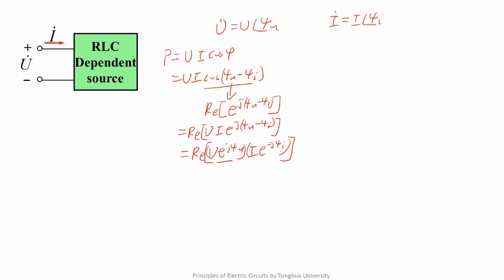Do you find that this is a voltage phasor and this is a conjugate of the current phasor? So we know that.